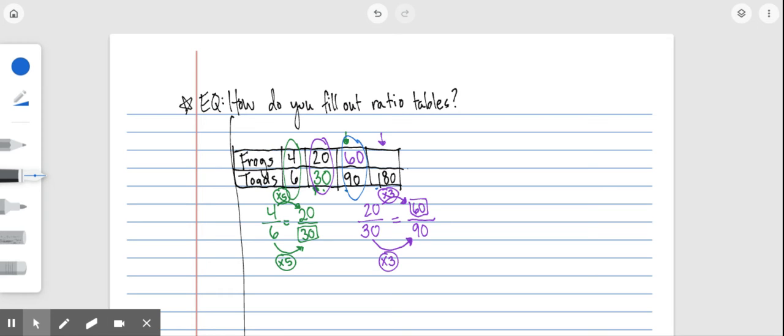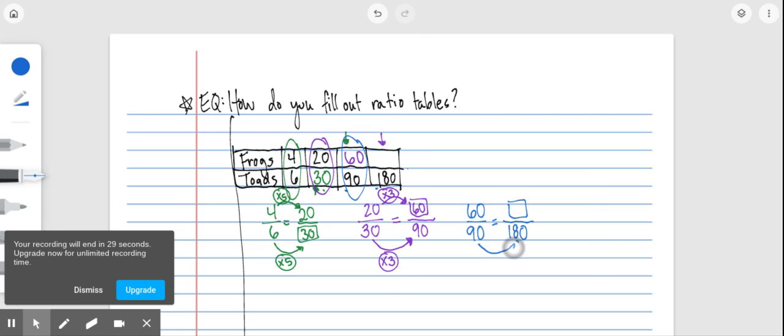You can start with any of them. If you started with 4 to 6, that's fine. But I'm going to start with 60 to 90. So there are 60 frogs for every 90 toads. I want to find out how many frogs there are for 180 toads. So I'm going to do the same exact thing that I've done before. I know that I have both denominators, 90 and 180.